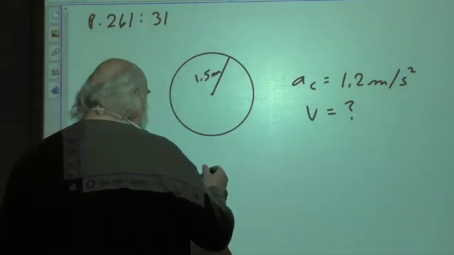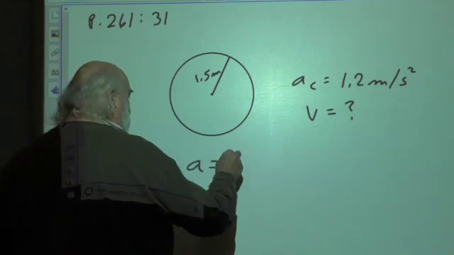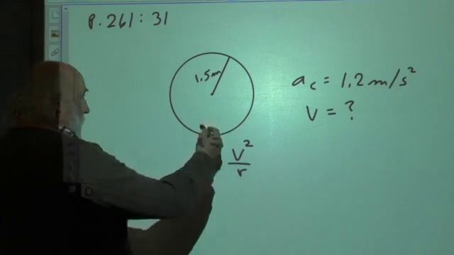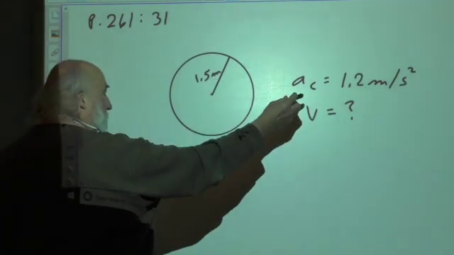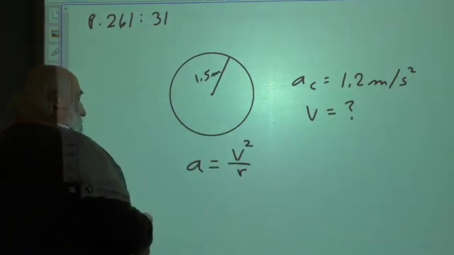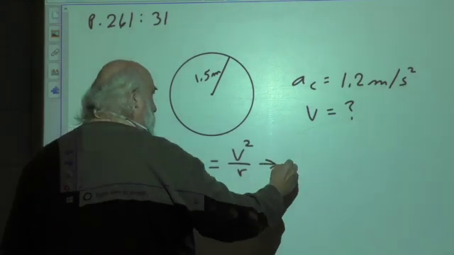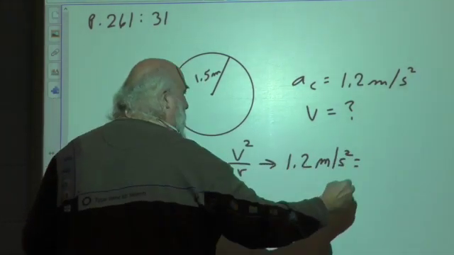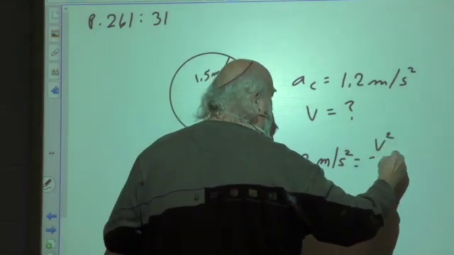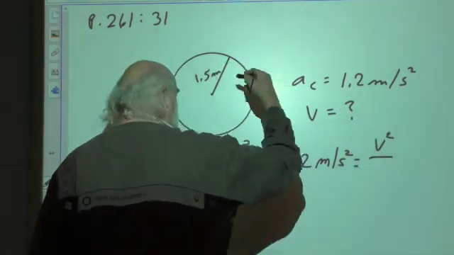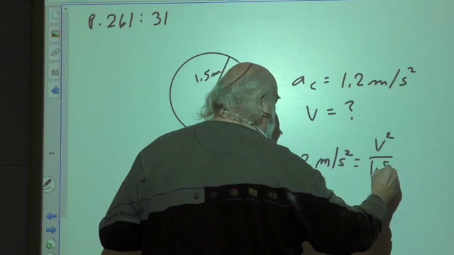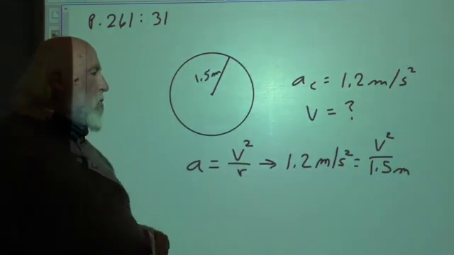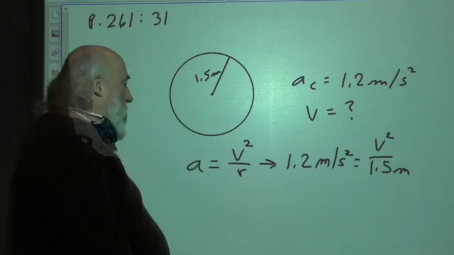Okay, so since we know that a now equals v squared over r, we have a radius of 1.5 and an acceleration of 1.2. So this becomes 1.2 meters per second squared equals v squared over r, and r here is 1.5 meters. Now you can multiply both sides by 1.5 meters to get v squared by itself.